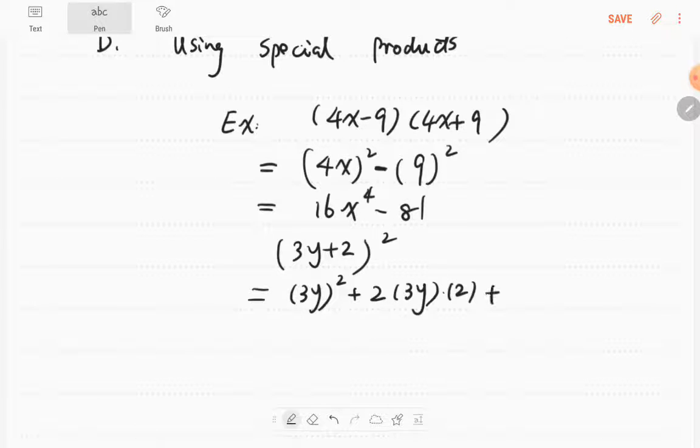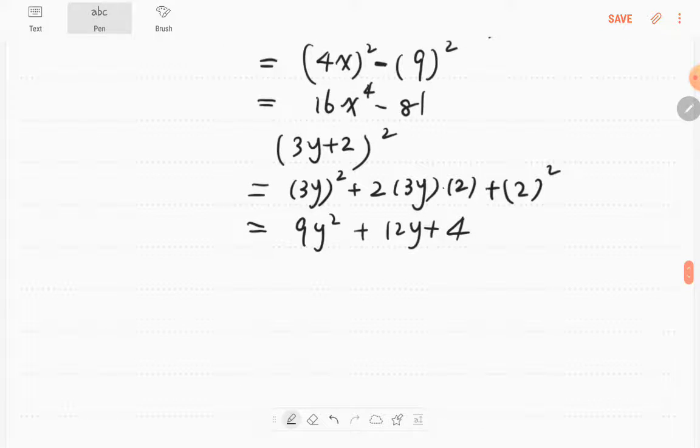And the last term, b squared here, is just 2 squared. So after that, we will get this one. So by using the special products, we do not have to use the FOIL method.